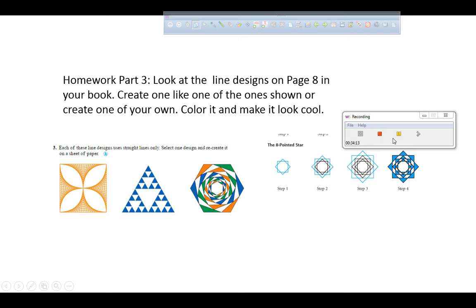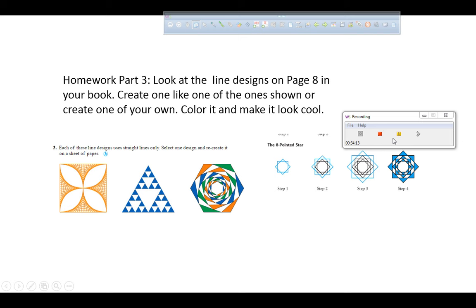Okay, so you could try to do something like this, or something like this, or something like that. But make it nice, okay? And put it on white sheet of paper or graph paper. I was going to have you start in class today, but I don't think we'll have time today.